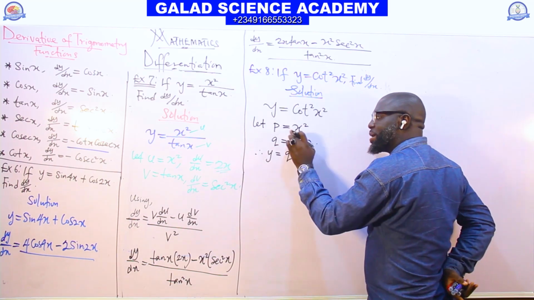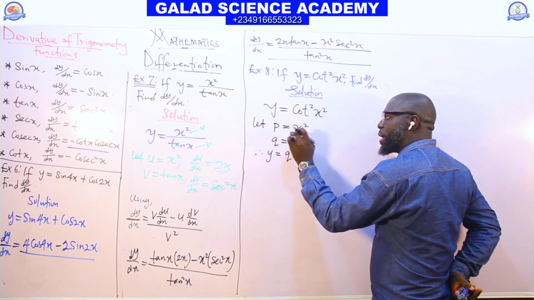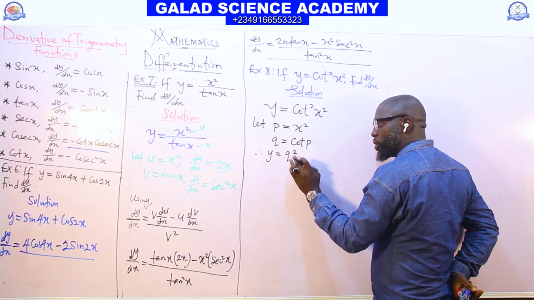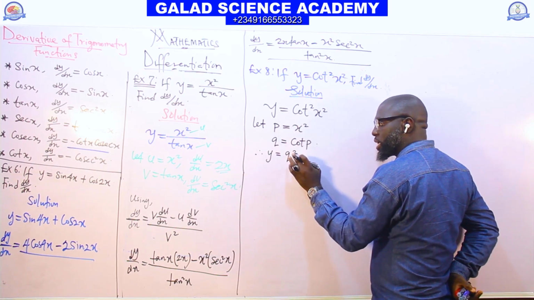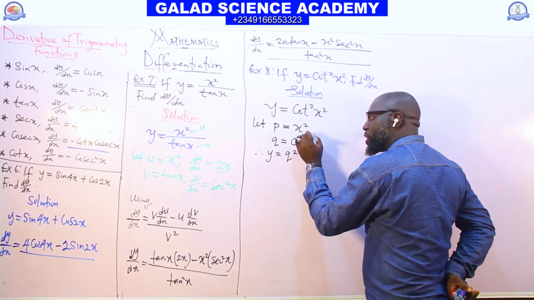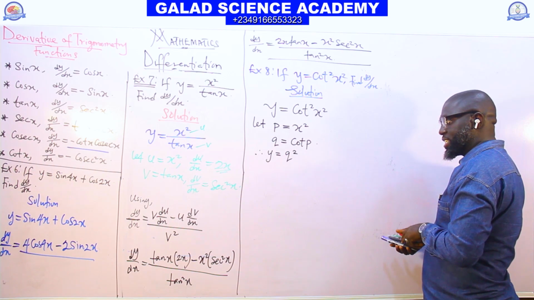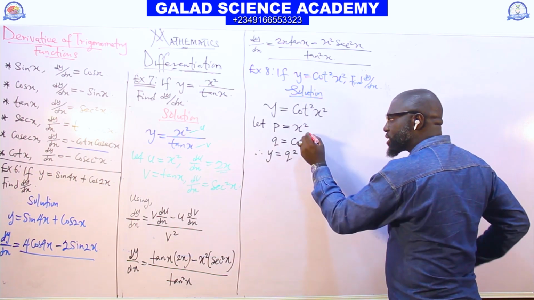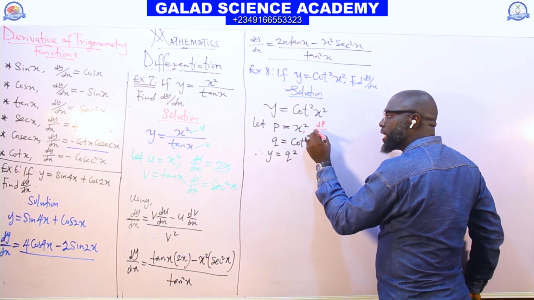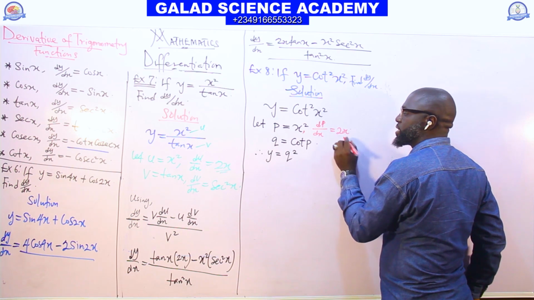Everything here: y equal to Q square. The next thing we do is differentiate. Differentiate first dP dx, which will give us 2x.